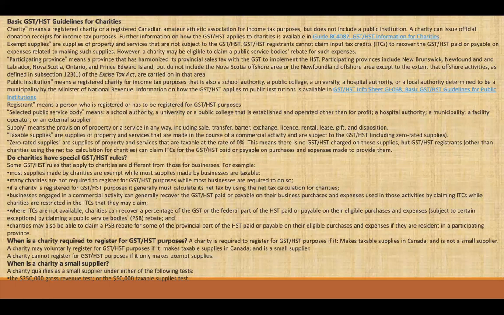When is a charity required to register for GST or HST purposes? A charity is required to register if it makes taxable supplies in Canada and is not a small supplier. When is a charity a small supplier? A charity qualifies as a small supplier under two tests.